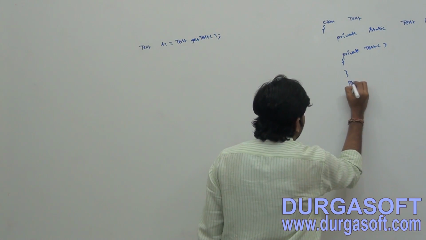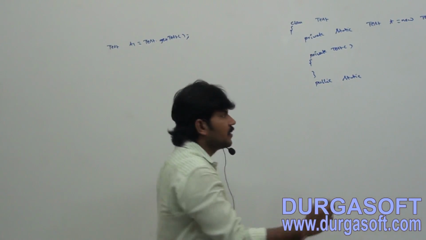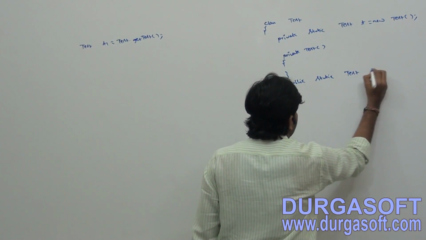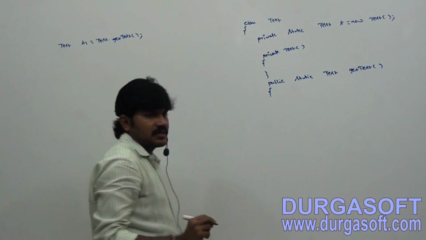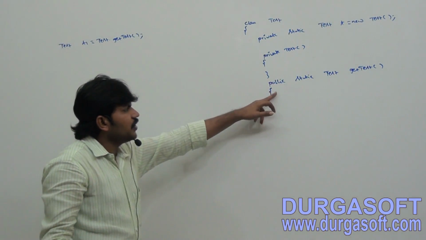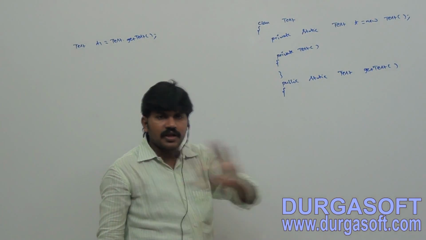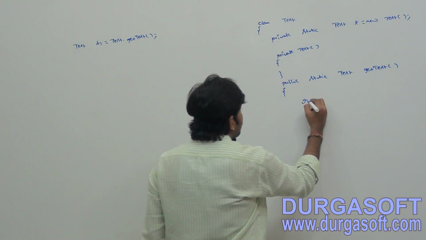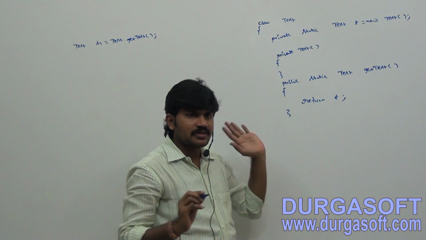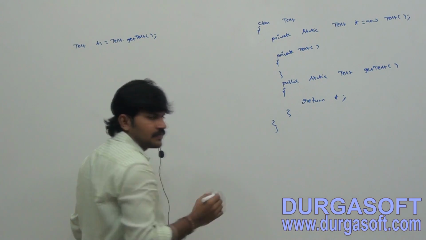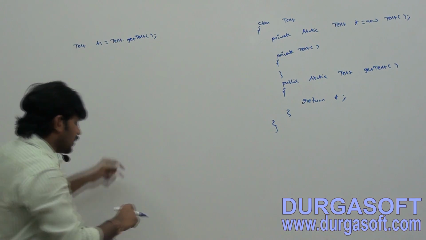Let me write public static Test getTest. If any person asks for the getTest method, don't create any object. Can you please return t always? That's all. Return t always.